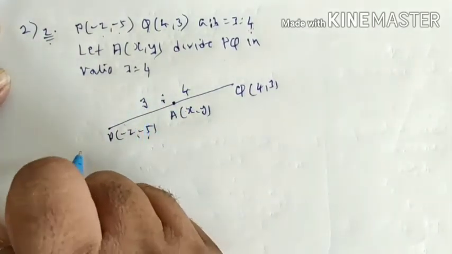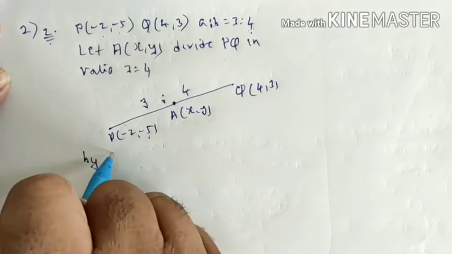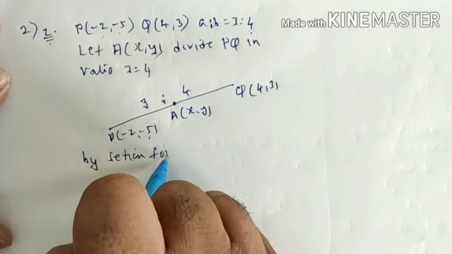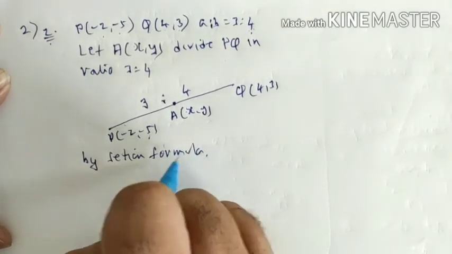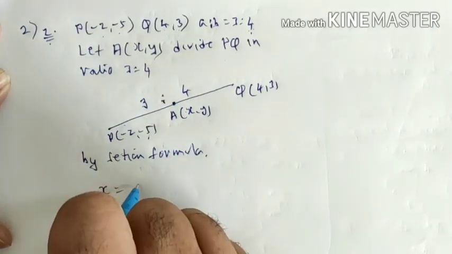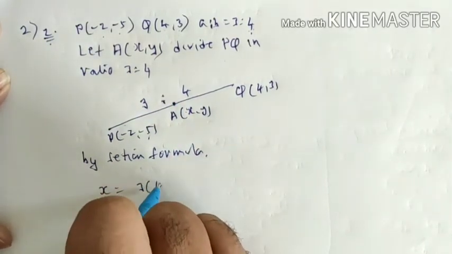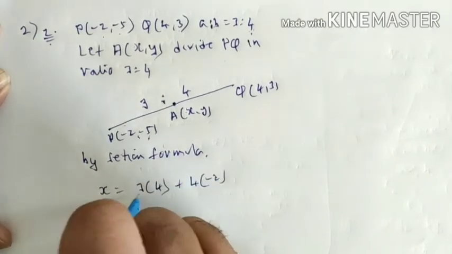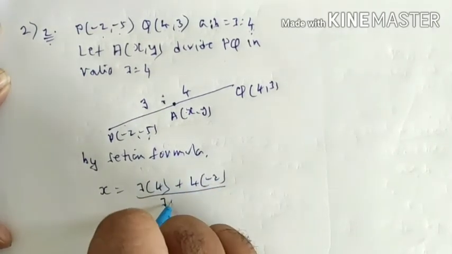Here what you have to do, by section formula, x is equal to (3 into 4 plus 4 into -2) upon (3 plus 4).